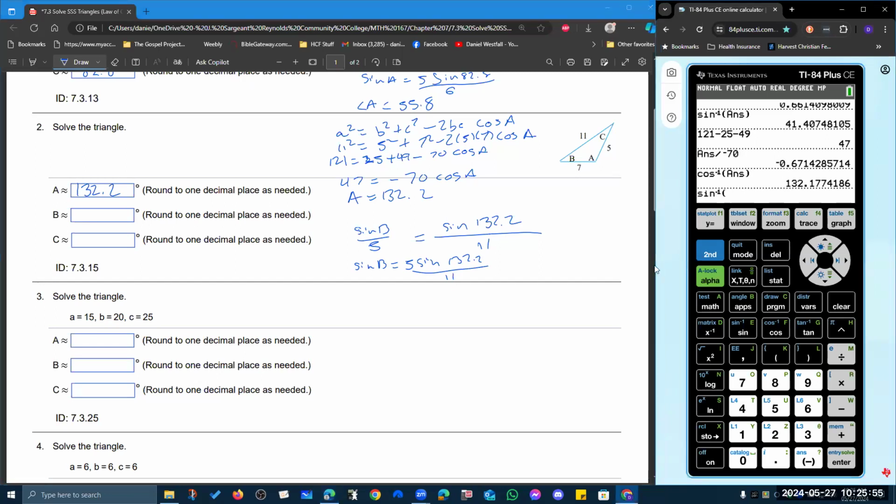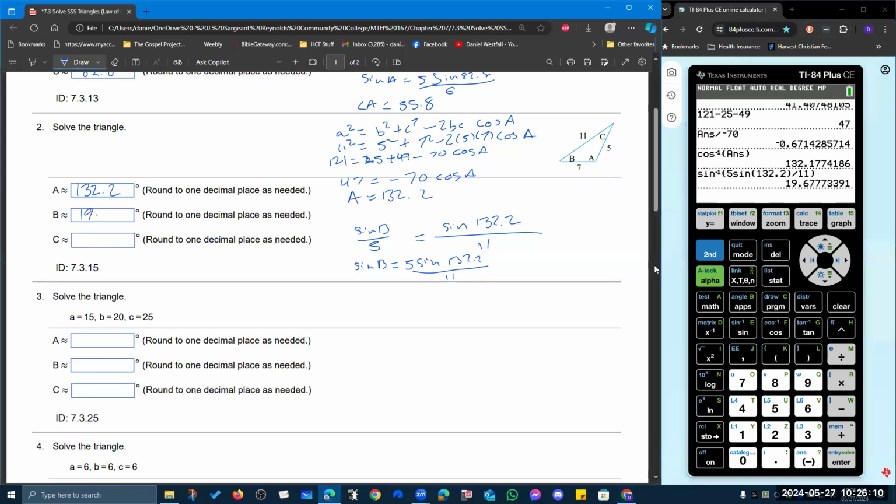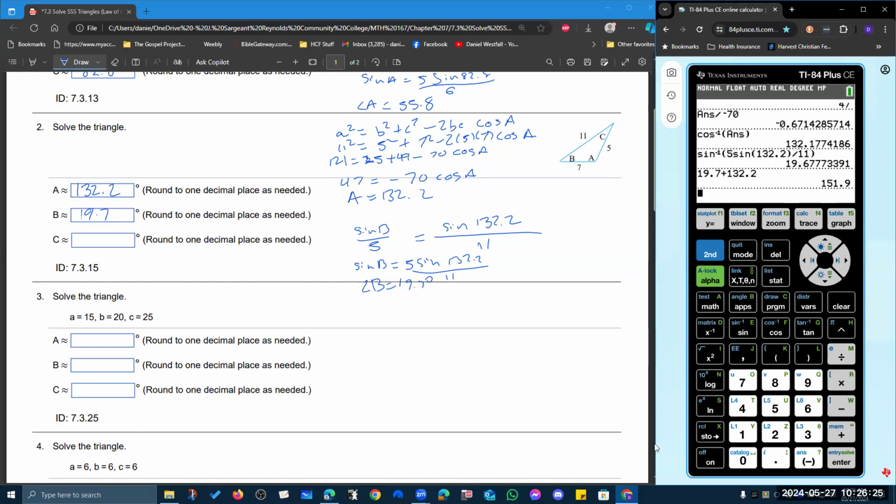So arcsine of 5 sine 132.2 divided by 11 gives me 19.7 for B. 19.7 plus 132.2 is 151.9. 180 minus that answer gives me 28.1.